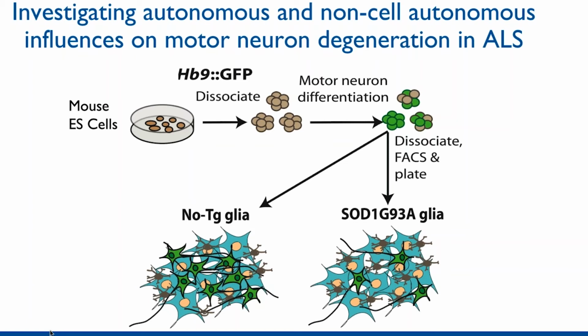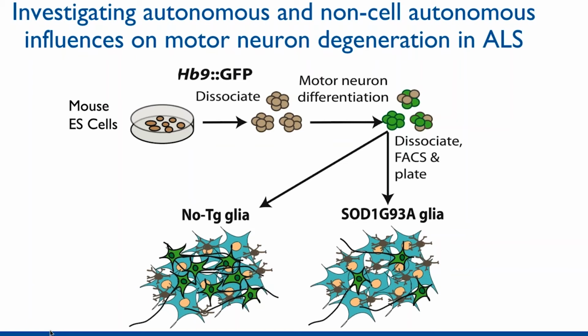And we were also interested in trying to determine whether or not other cell types that were found in the nervous system of those animals might have non-cell autonomous or extrinsic influences on the survival of those cells. And so the very first disease modeling experiment that we ever did is diagrammed here, in which Paolo derived mouse embryonic stem cell lines that came from those ALS model mice, and which carried a motor neuron reporter gene.